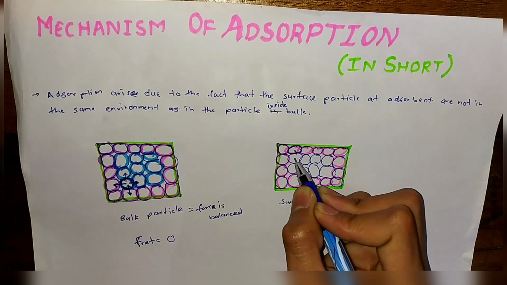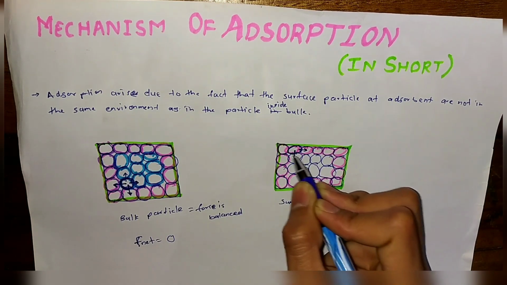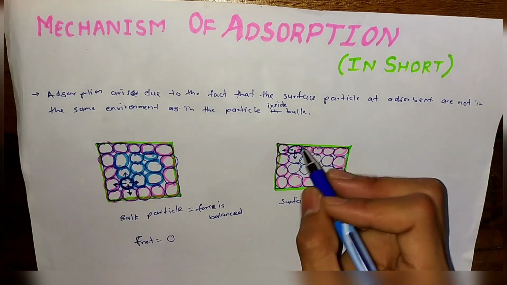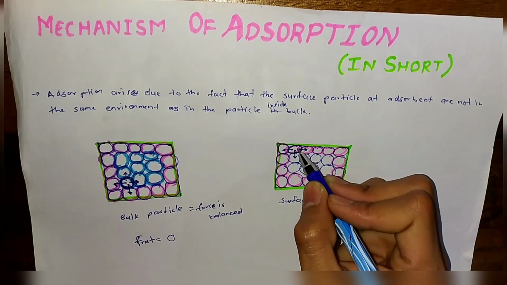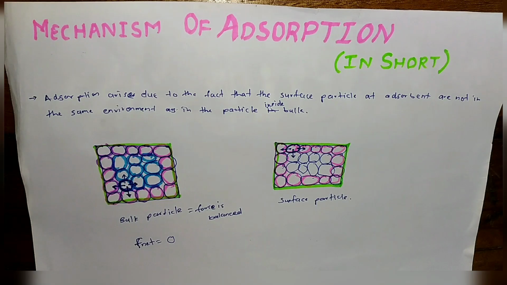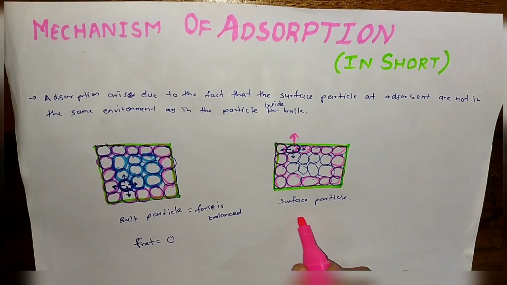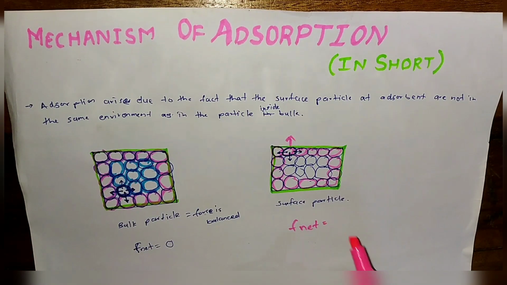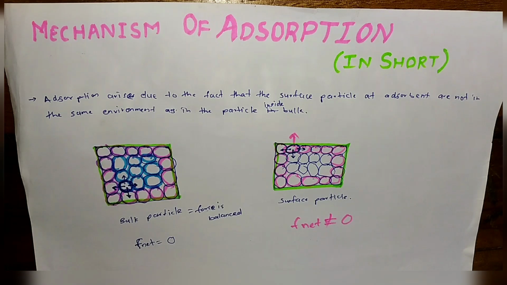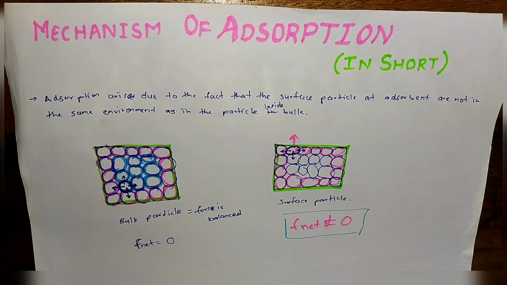This particle will pull in these directions, and this particle will also pull, but there is no one to pull in the upward direction. So the net force of the surface particle is not equal to 0. This is more important.